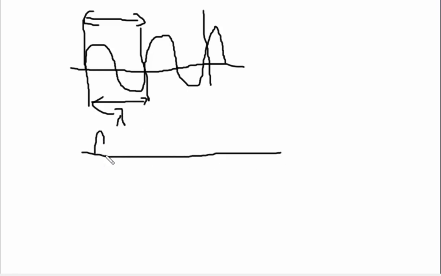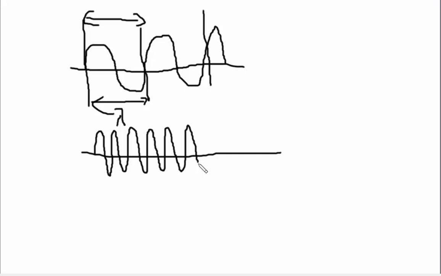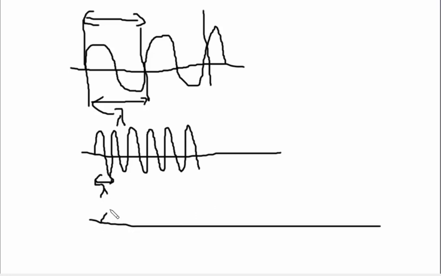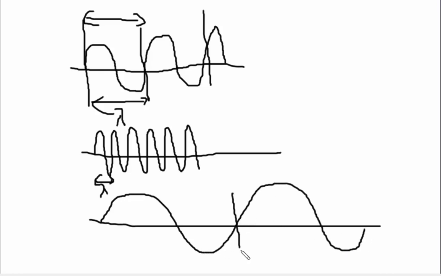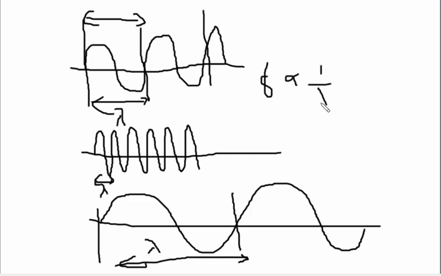If we go for the high frequency, see how this wavelength decreases. Now you can see the wavelength is much shorter. This is a high frequency signal. If I go for the low frequency, see, this is the low frequency, and the wavelength is larger. So that's why f is inversely proportional to lambda.